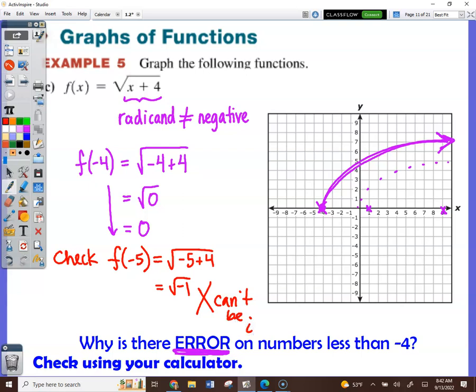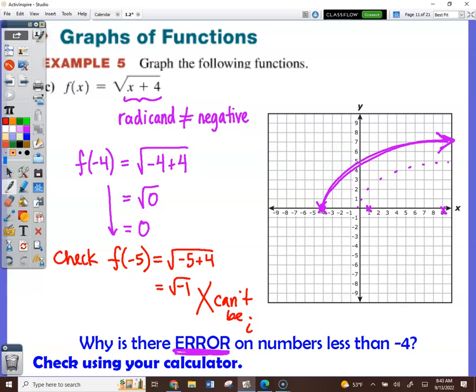We're staying in the real world. So -5 is not allowed to be plugged in because it's not in the domain of the function. Which is why if you go to your calculator and you type that in y equals and then you go to table, you are going to see the word error on all the numbers that are less than -4. And that's because they yield negative numbers.